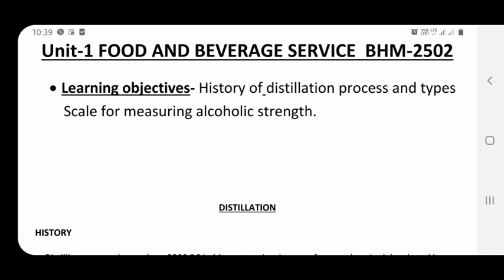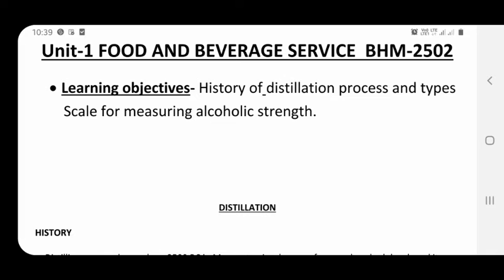First we will go through your learning objectives, which are the history of the distillation process and the types of scale for measuring alcoholic strength. Also, we will learn to define spirits and classify them, understand the distillation process, and understand the various production processes of spirits: whiskey, rum, brandy, tequila, gin, and their characteristics, with their brand names as well.